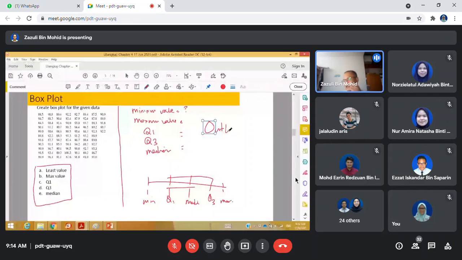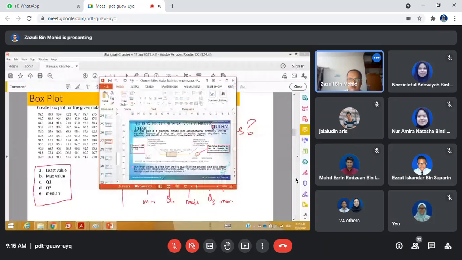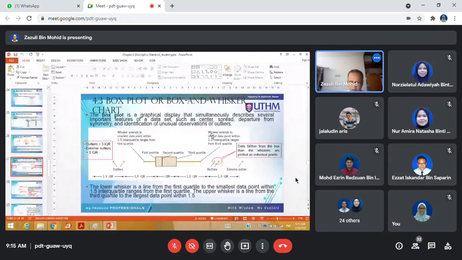When we talk about the outliers, actually in your slide, chapter 4, okay, this one. Please look at the slides. You can look at your slide after this.